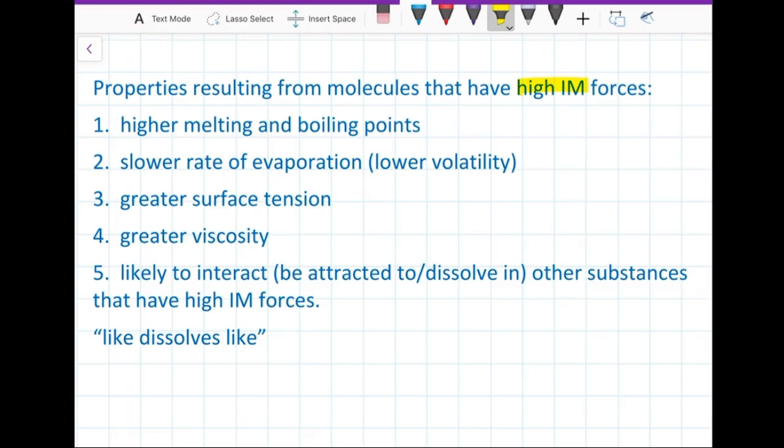The last one is they're likely to interact with other substances that have high intermolecular forces. So anything that's got charge or partial charge is going to interact with water pretty well because water is polar. But it's not going to react with non-polar substances as well. So if you imagine, let's say you have the hood of a car that's been waxed, and it rains.